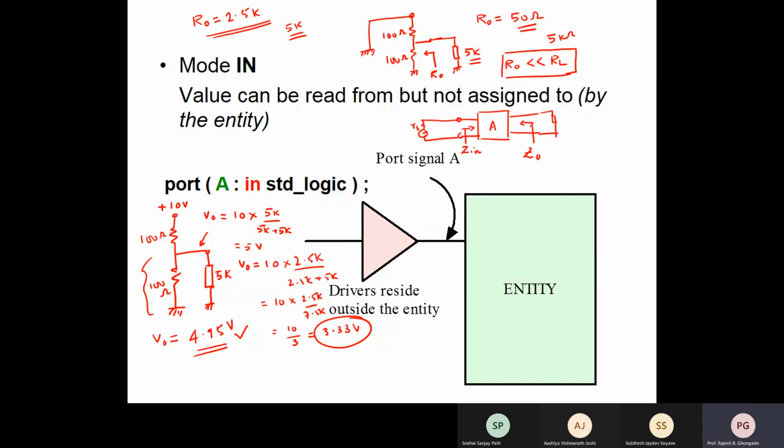In order to minimize the loading effect, we have already seen this: if this is RL, then your ZO should be very much less than RL. We have proved that. But what about this?